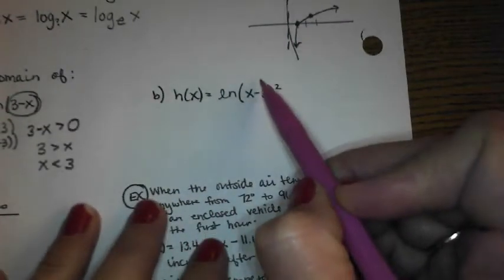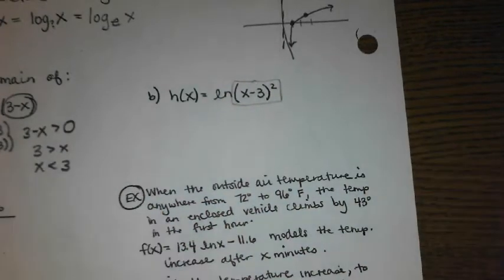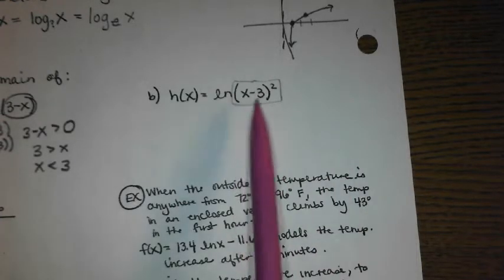But here, because you're squaring this thing, it will always be positive, except for when it equals 0. So that is the only point we have to ditch, right? That's where our asymptote is going to be.